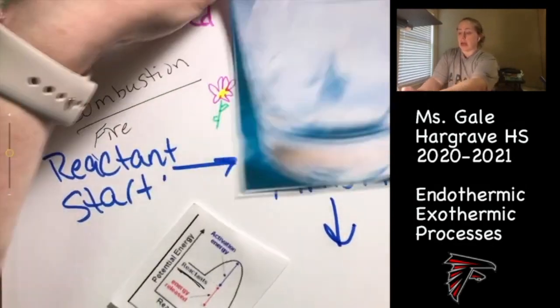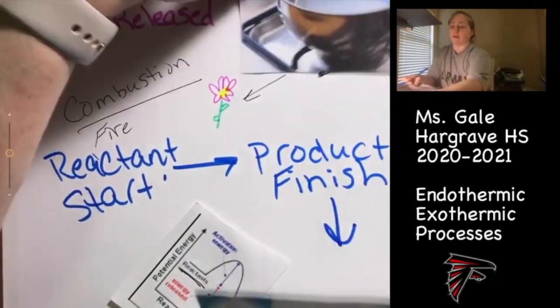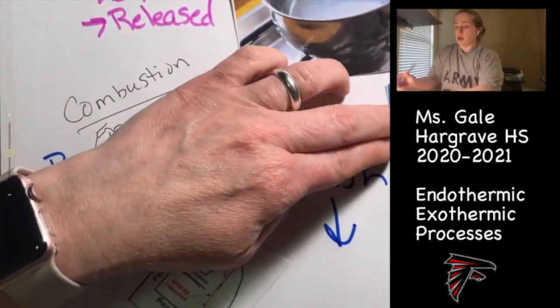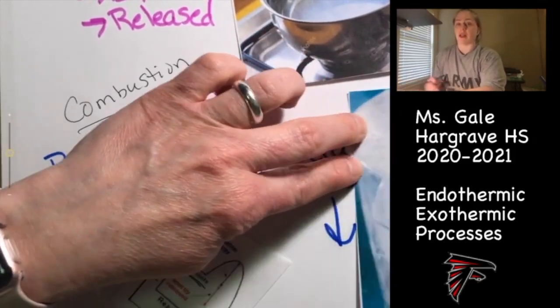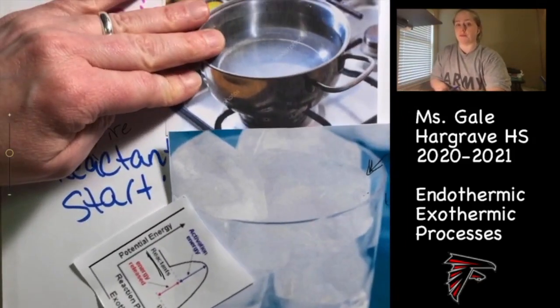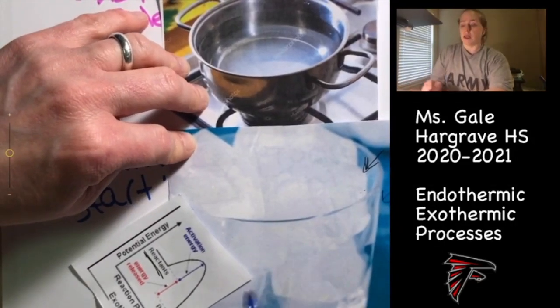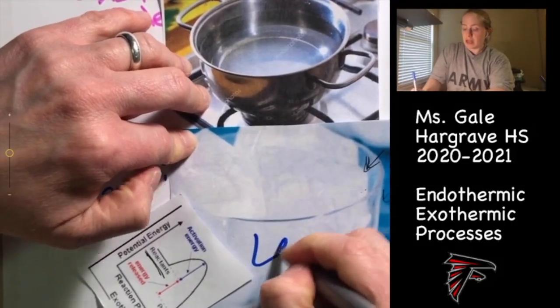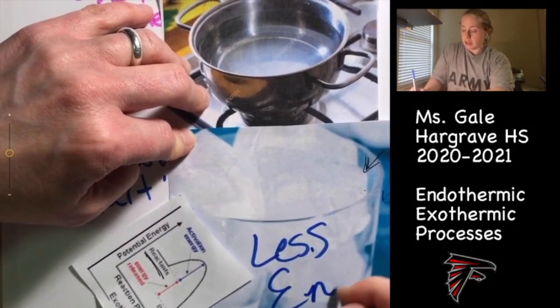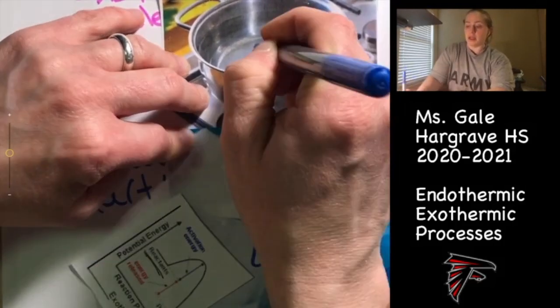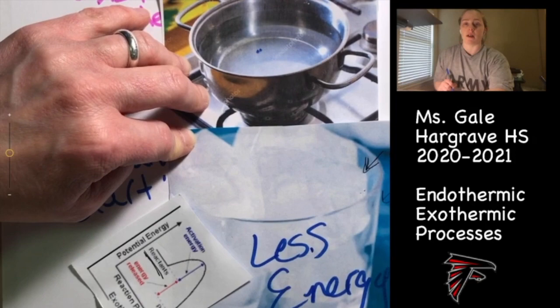So I go to ice. I go from this pot of water to ice, from a regular pot of water to ice. This ice has even less energy than this pot of water.